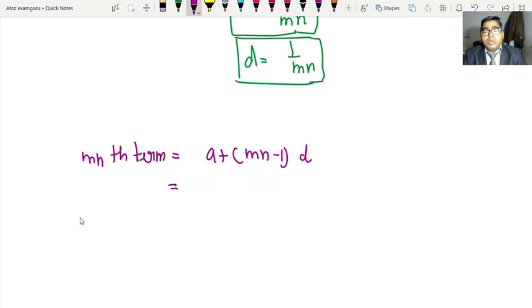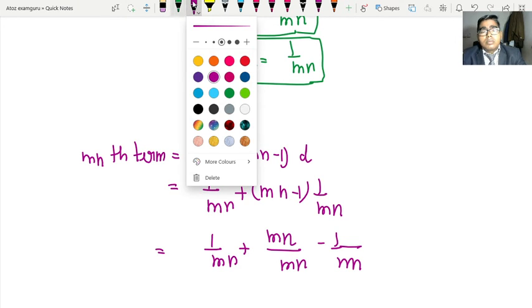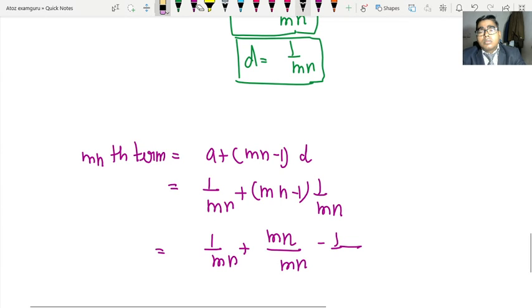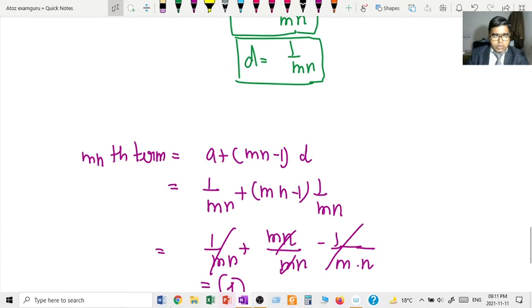The first term, as we calculated, is 1 upon mn, plus mn minus 1 times the common difference, which is also 1 upon mn. So it is 1 upon mn plus mn upon mn minus 1 upon mn. So this will cancel out and we will get 1. So right friends, the mth term is 1. I think it is proved and you have got the concept.